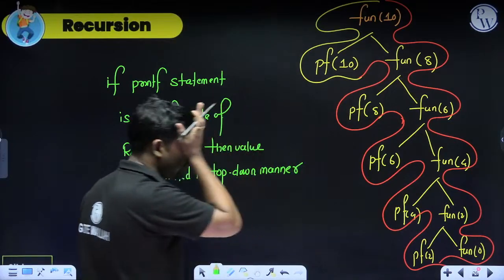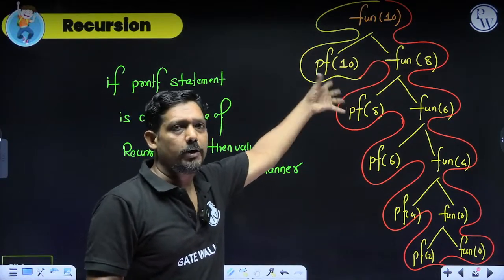Simple. Okay, values will be printed in top down manner, so you don't need to do this tracing.